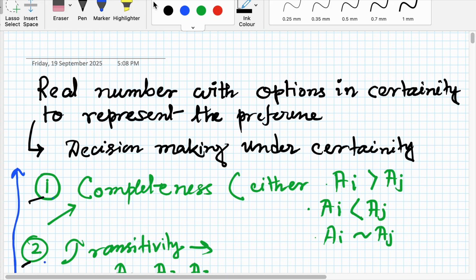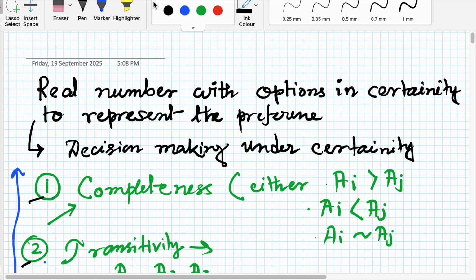As usual, I will first recall what we learned in the previous class. The expected utility theory, or the VNM expected utility theory, is the backbone of classical game theory.